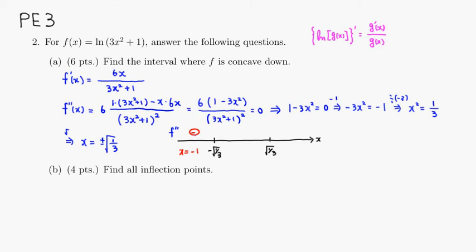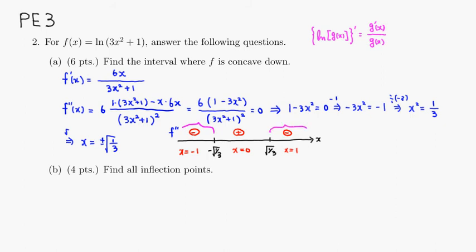Then we can try x equals 0 for this interval. If you plug in 0, everything is positive, so you have a positive here. Then we can try x equals 1. Again, that's going to make the numerator negative, so it's going to be negative. So we know that f is concave down on this interval and that interval there.